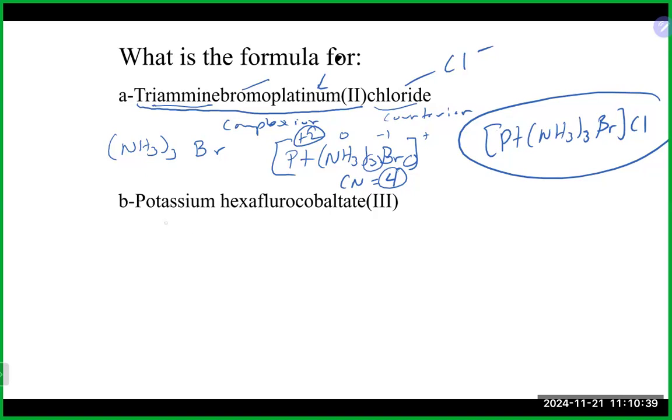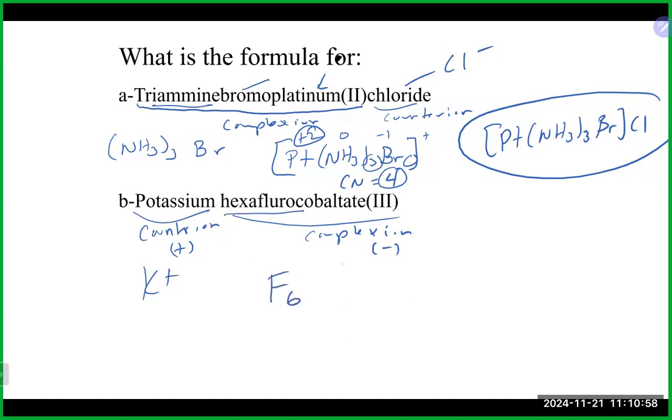So lastly here, we've got potassium, which is our counter ion, and I know that is positive because I see cobaltate with my complex ion on the back end. That's negative. And that means potassium is my counter ion. I have hexafluoro, which is 6 fluorines, and cobaltate, so with a +3 charge. So if I put my complex ion together, I have Co and I have an F6.